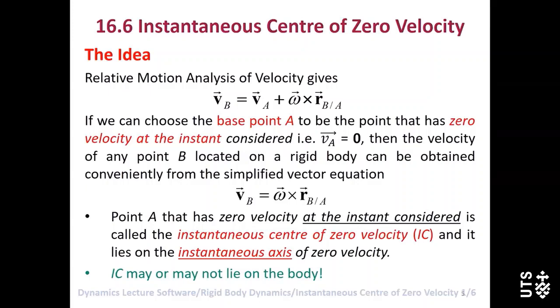This means if we can select a point A, and at this point A, the velocity is 0, then A will be IC point, and at this instant when A is the IC point, the body undergoes rotation about axis through point A. This IC point can be on the rigid body undergoing general plane motion, but it's not necessary, and sometimes you will find this IC point is out of the rigid body.